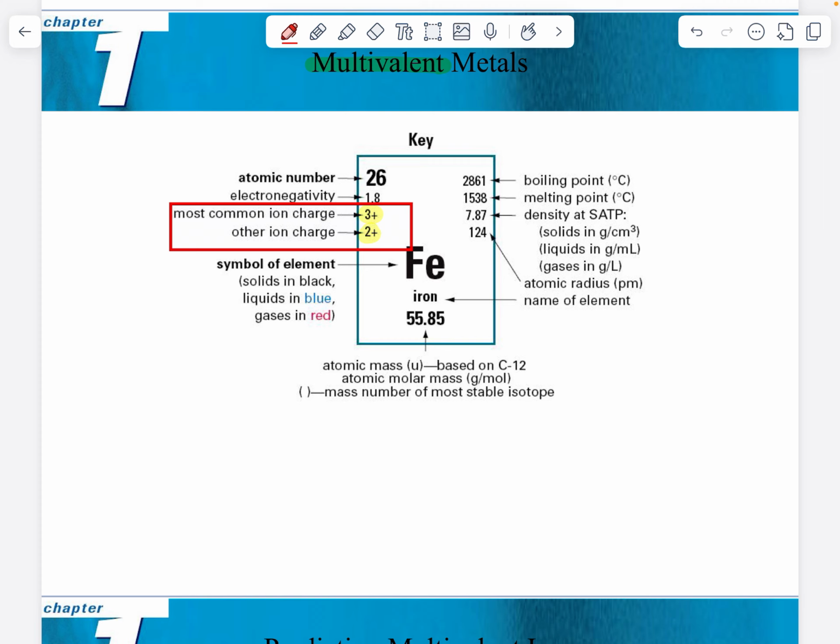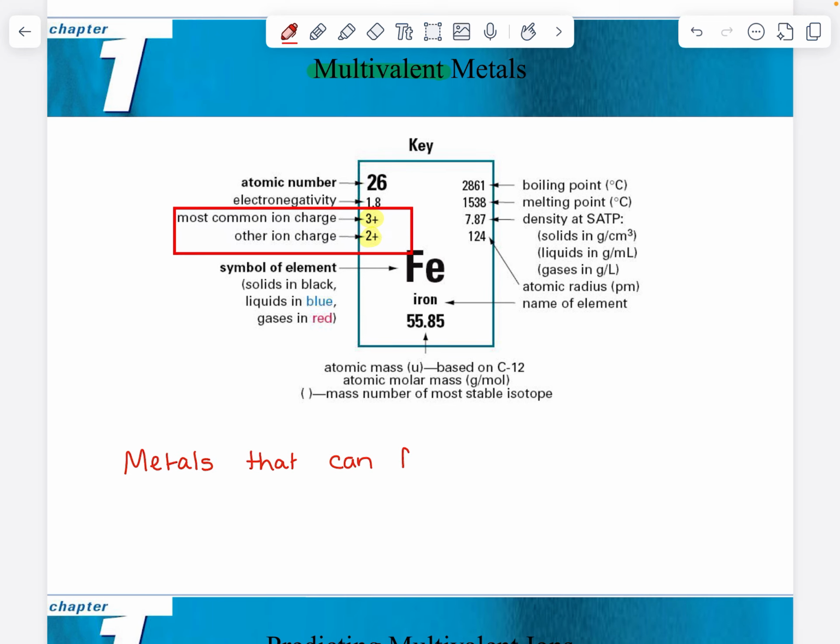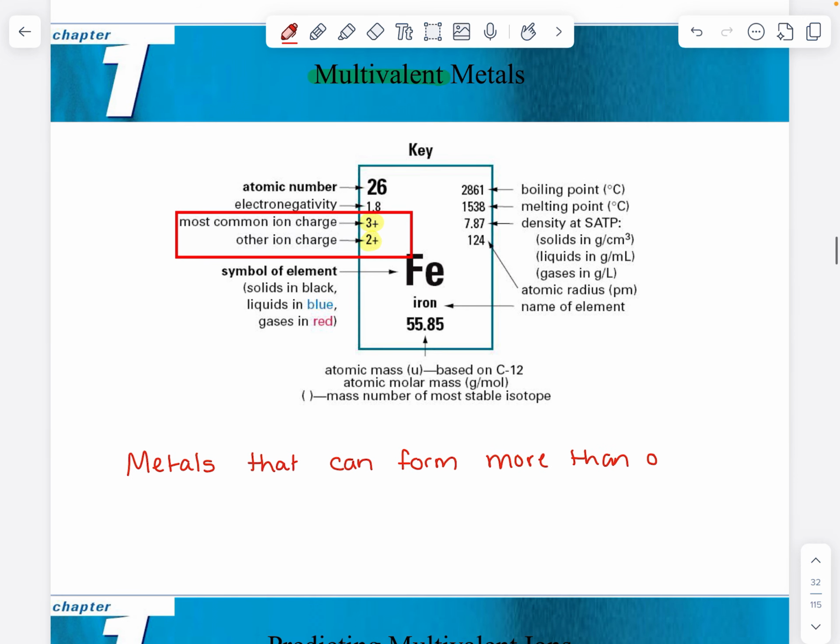Okay. So metals that can form more than one ion are called multivalent ions.